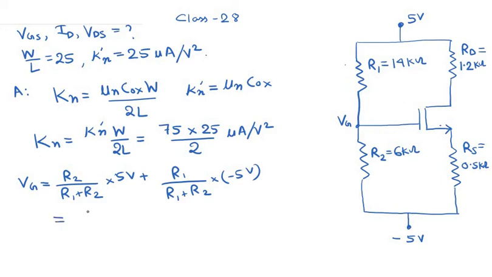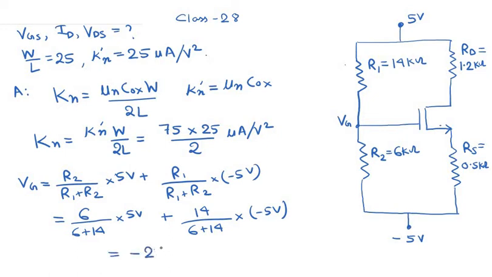So R2 divided by R1 plus R2, so 6 divided by 6 plus 14 into 5 volts plus 14 divided by 6 plus 14 into minus 5 volts. So this basically gives me minus 2 volts over here. Okay, so minus 2 volts.